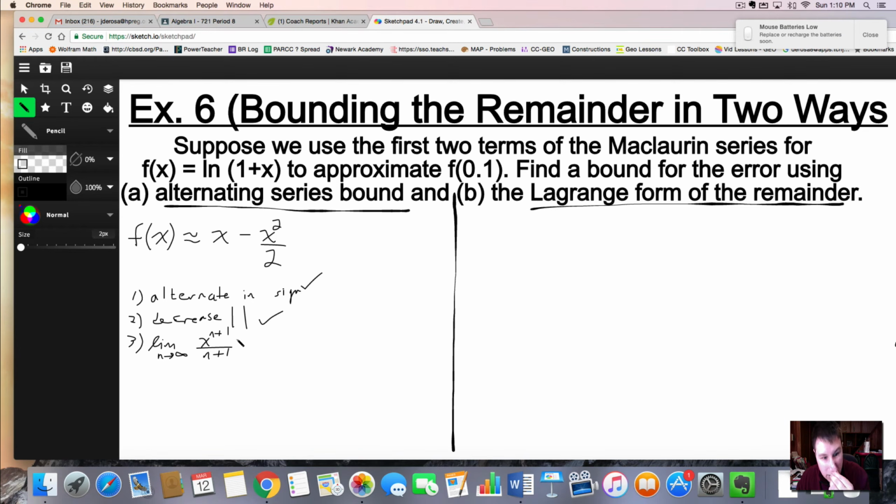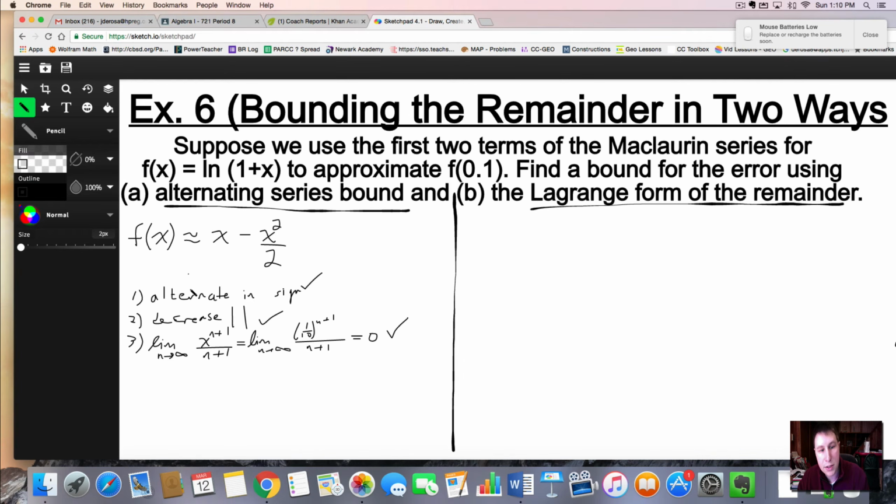But remember, we're evaluating where x is 0.1, so we're really checking out the limit as n goes to infinity of a tenth to the n plus 1 over n plus 1. You can quickly see that this limit is going to go to 0, because this 10 to the n plus 1 would jump down to the denominator, and the denominator is getting exceedingly large while the numerator remains a constant. So this limit does have to be 0, and then the alternating series will work.